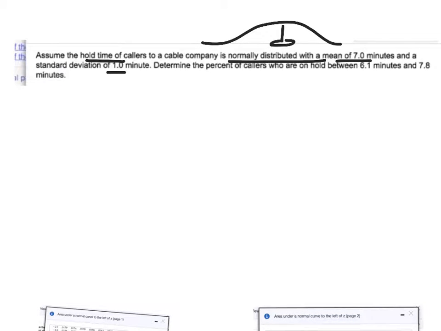So it would like us to determine the percent of callers who are on hold between 6.1 minutes. So 6.1 minutes is less than the average of 7. So 6.1 minutes, if we graphed it, would be over here to the left of the normal curve because it's less than 7 minutes.